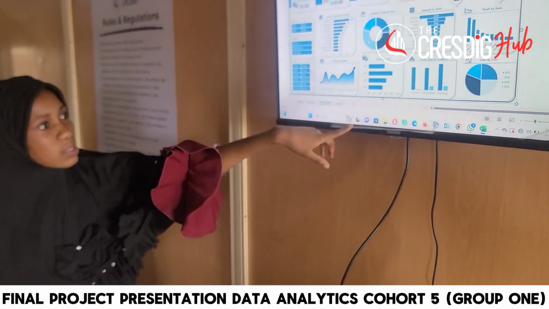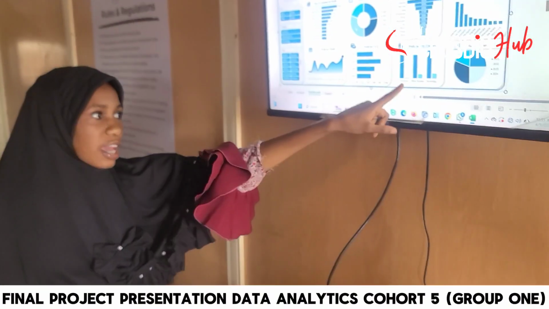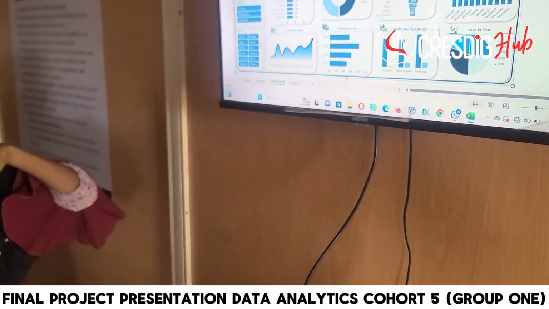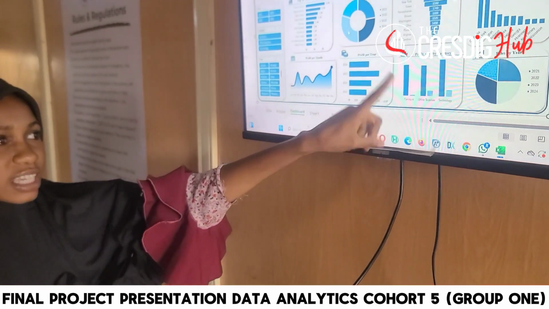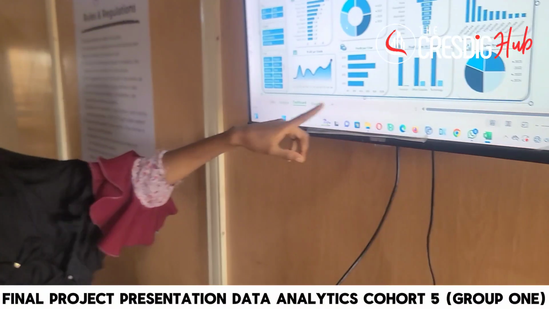And profit, sales and category. For furniture, we have a loss in profit, and we have higher sales for furniture.